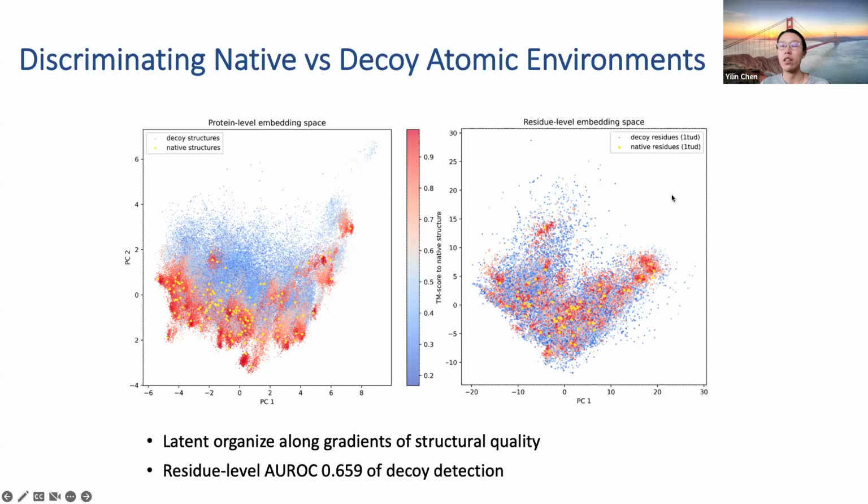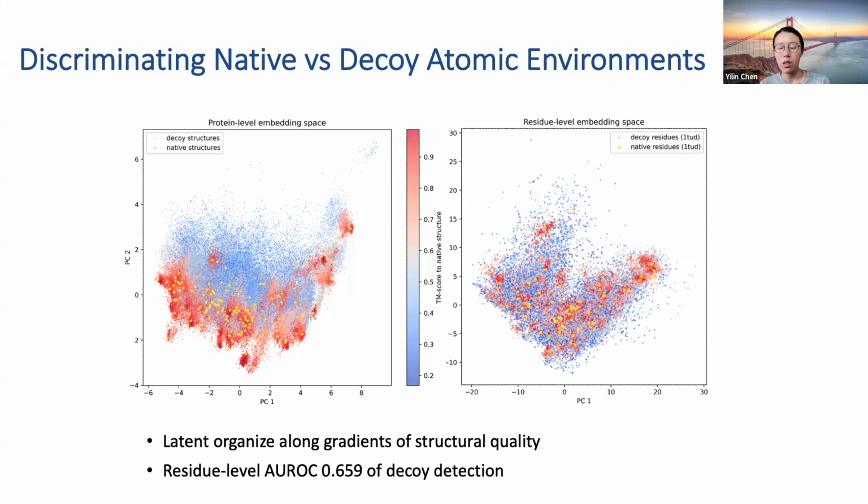On the right, what's more interesting is that this also applies on the residue level, which was not explored before. On the residue level, we also see this organization: the ones closer to the real ones are bunched together in this latent space.